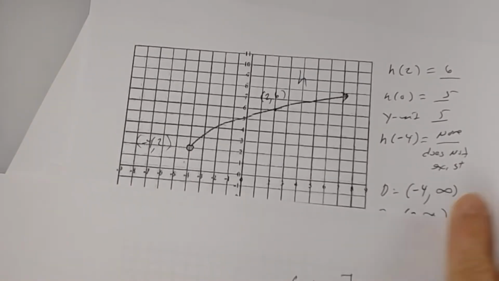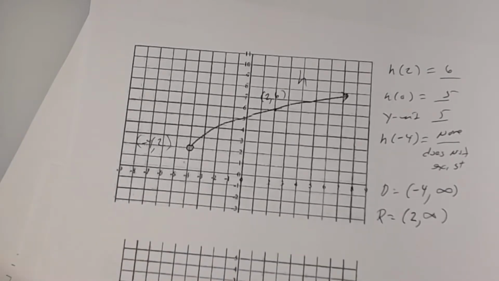Infinity keeps on going. Infinity is not a number. It's a concept. So you always use parentheses. Is that clear? With infinity and negative infinity, you're always going to use what? The opposite. I'm sorry? I confused myself because I wrote it the opposite way on my paper. What do you mean by the opposite way? Like I put brackets instead of parentheses for that. Oh, okay. All right.